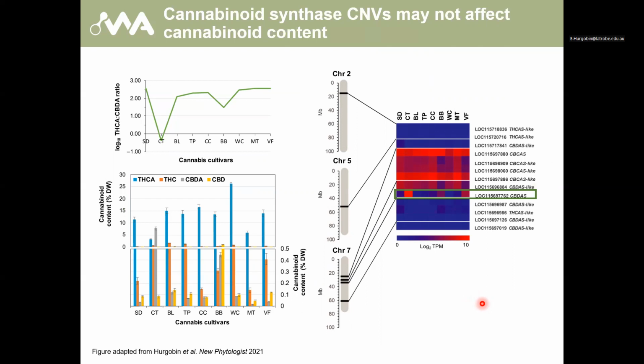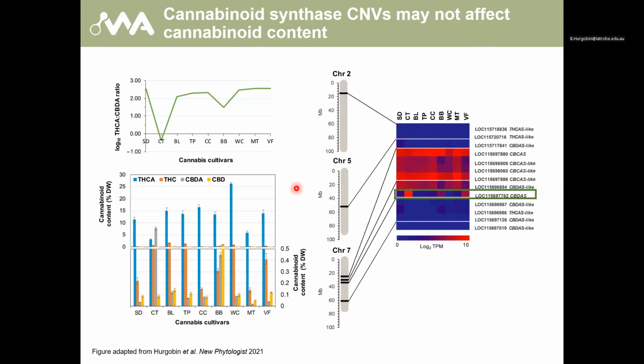So in our analysis, we aligned short-read RNA-seq data from 9 medicinal cannabis cultivars generated by Zager et al. from a study back in 2019 against the CSN reference genome, and we assessed the expression levels of the cannabinoid synthases in these cultivars.